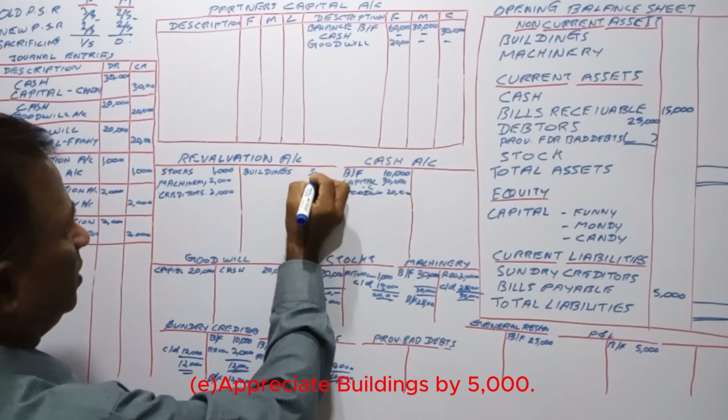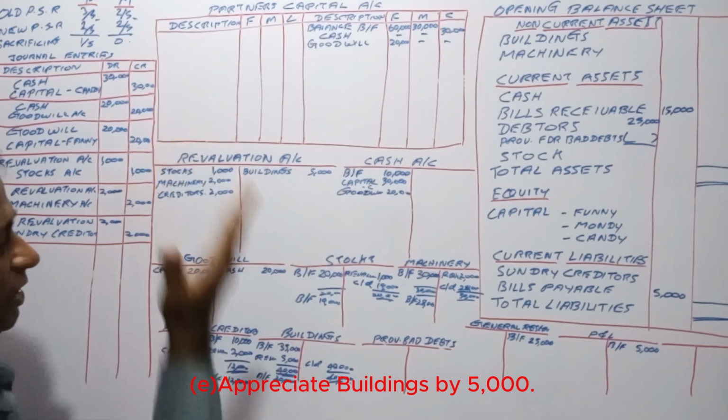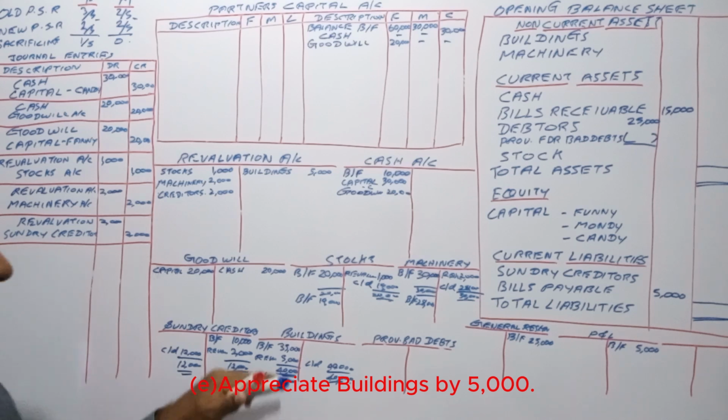Buildings increased by 5,000, so buildings account is debited and revaluation account is credited, right? Because the buildings value is increased by 5,000.